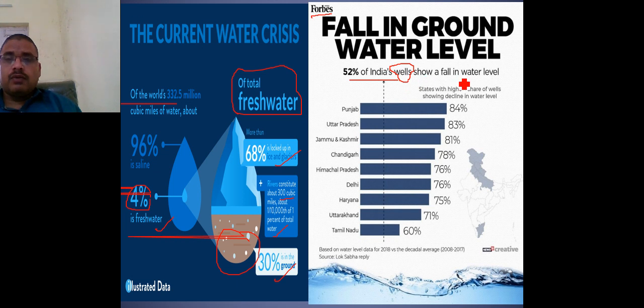The sequence on the basis of different states in India is also given here. You can see that in Punjab there is 84%, whereas in Tamil Nadu 60% of water is available at the ground level. These are some very scary figures by which we can understand the importance of water.